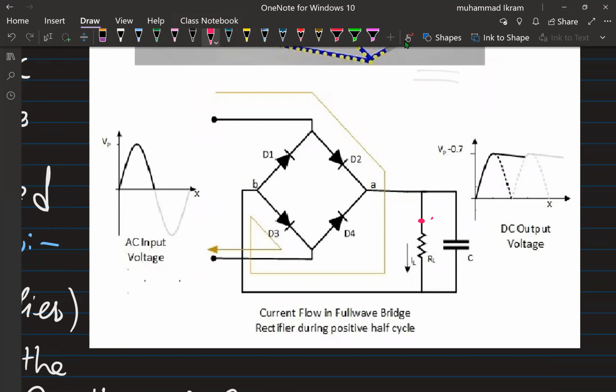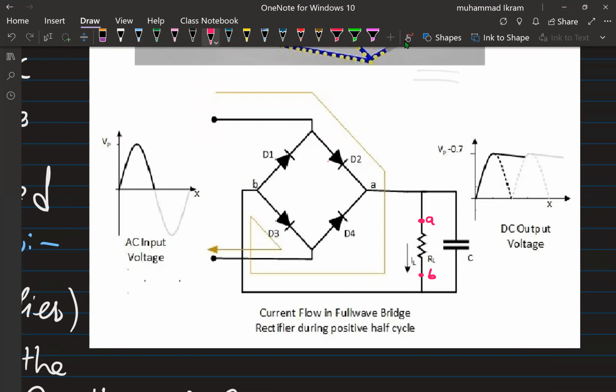I will mark this as A, and I will mark this as B. Here you see this is the anode and this is the cathode of the diode. Now you have the diodes D1, D2, D3, and D4.